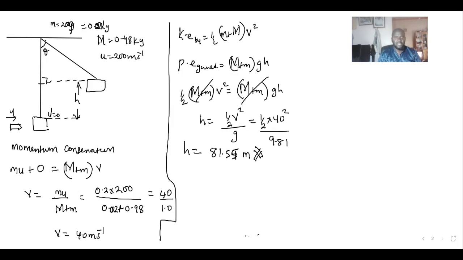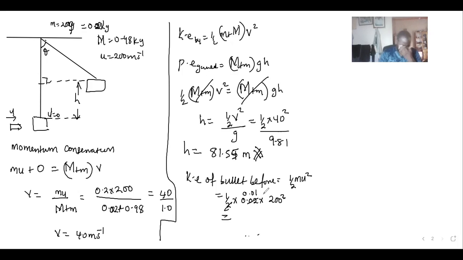So the kinetic energy of the bullet before is half times small m times its initial velocity squared, which gives me half times 0.02 times 200 squared. That is 40,000 halved times 0.02, which gives me 400.